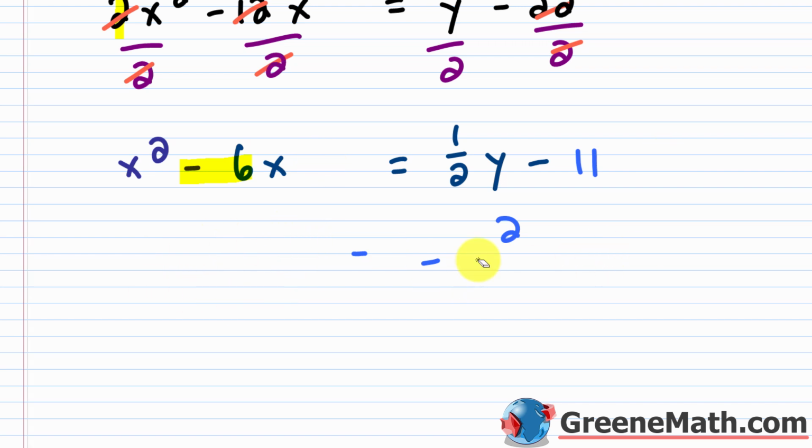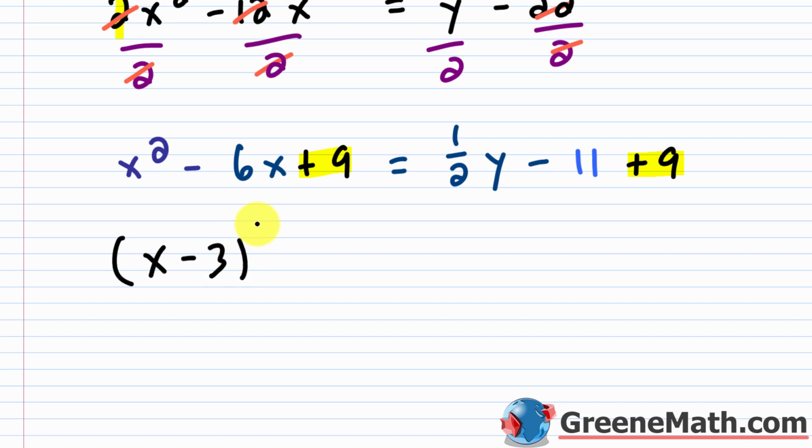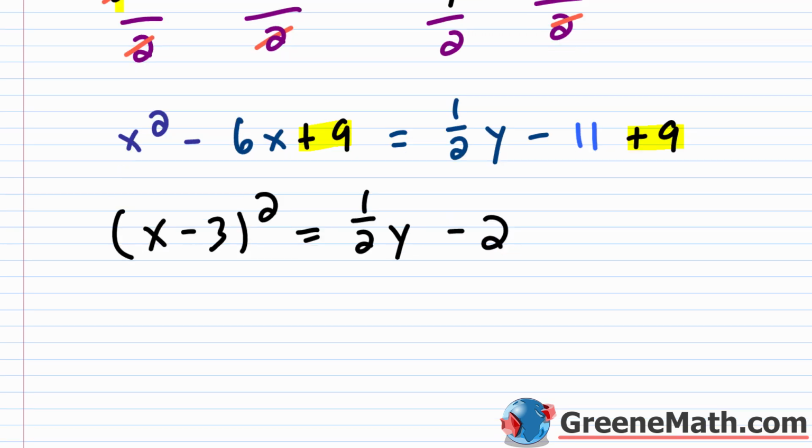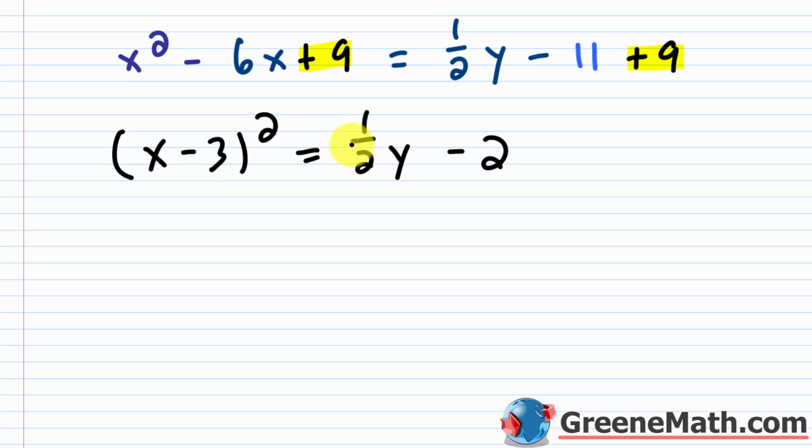So let me erase this, and let's go +9 right here, and then +9 right here. So I added 9 here, and then also here. So this left side is going to factor into x, and then half of -6 is -3. So x minus 3, quantity squared, is equal to 1/2 y, and then -11 plus 9, that's going to be -2. So again, I want to factor out this coefficient of y, which is 1/2.